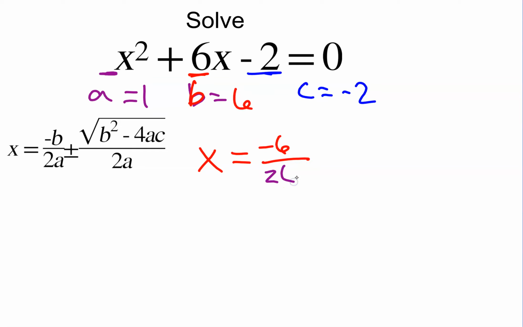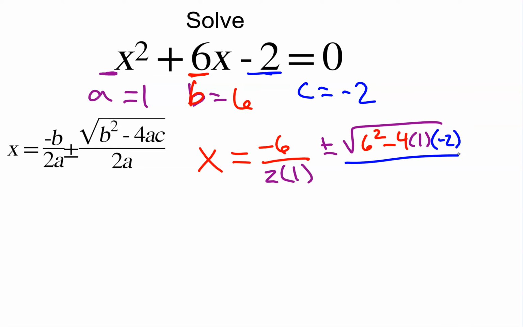So 2 times my a, which is 1, plus or minus the square root of b squared, which in this case would be 6 squared, minus 4 times a, I'll put them in parentheses, times c, which is negative 2. And again, all of this is divided by 2 times a.